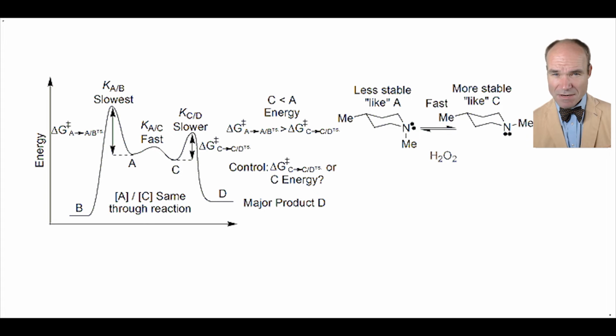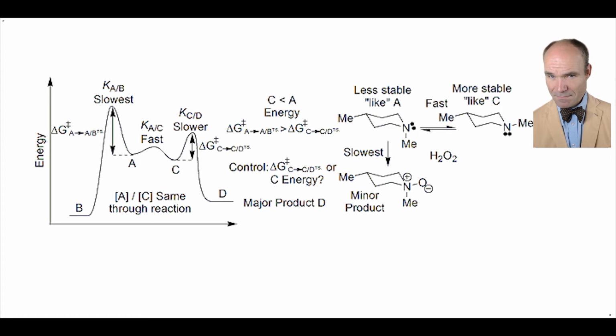Upon exposure to hydrogen peroxide, the less stable stereoisomer has the slowest conversion into its corresponding amine oxide that constitutes the minor product. The other stereoisomer's oxidation rate is significantly slower than the A to C equilibration, but faster than the other N-methylpiperidine's oxidation. So, this second N-methylpiperidine gives the major amine oxide product.